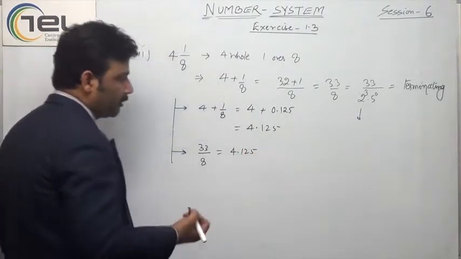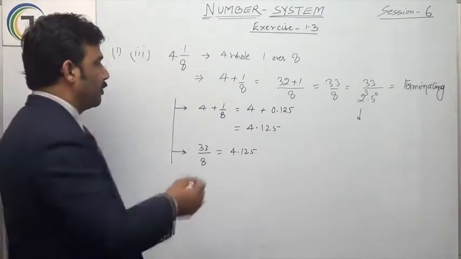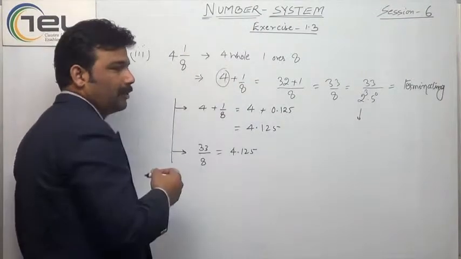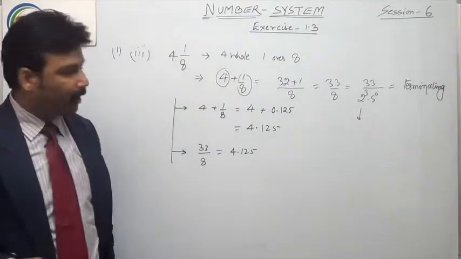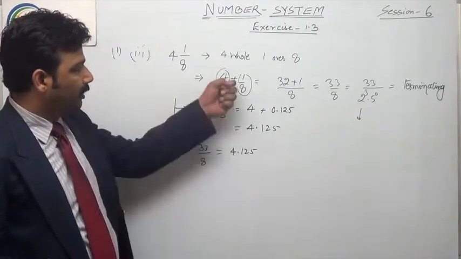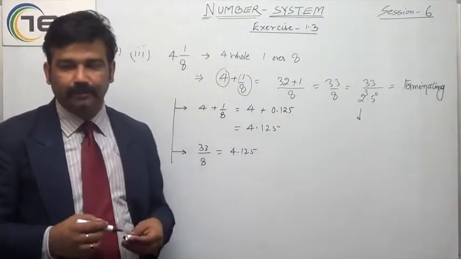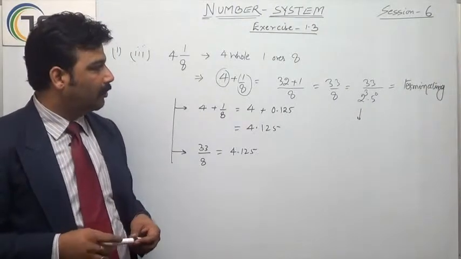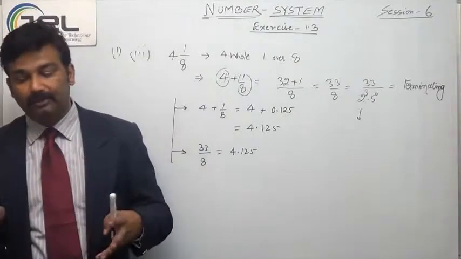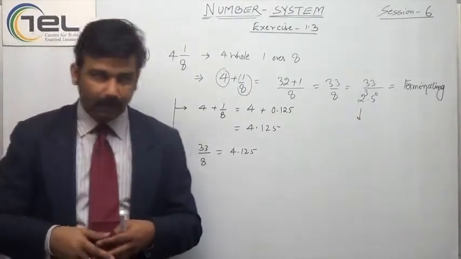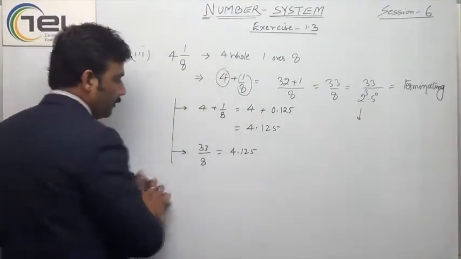Both ways are perfect, because a natural number, an integer, is here, and this is a fraction, so I convert the fraction and put it in this form. Clear? This is how we can solve, and I will leave the rest of the 3 parts to you. Okay, let's go for another one.